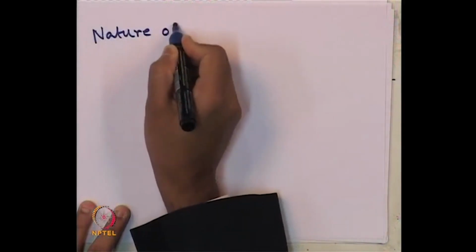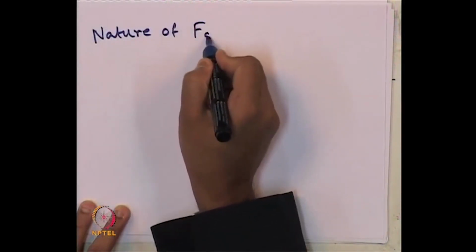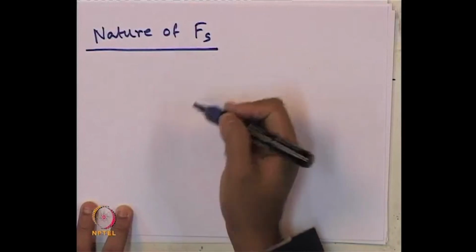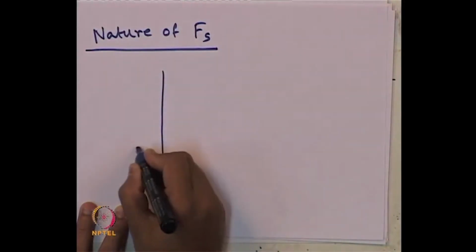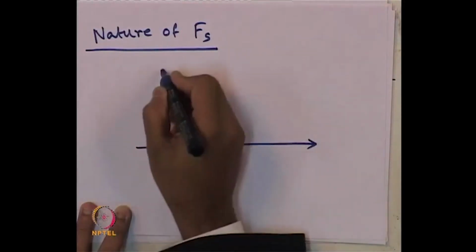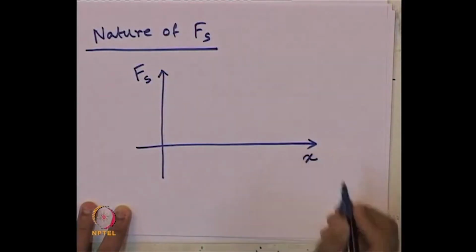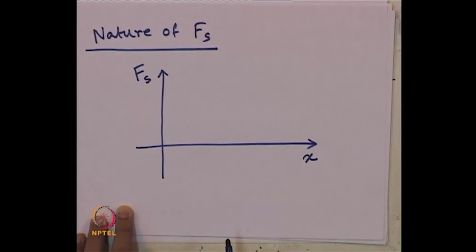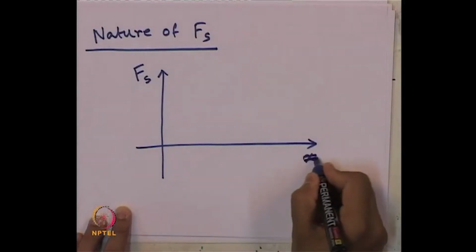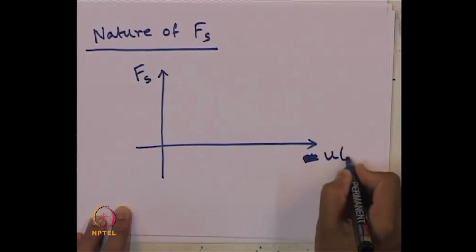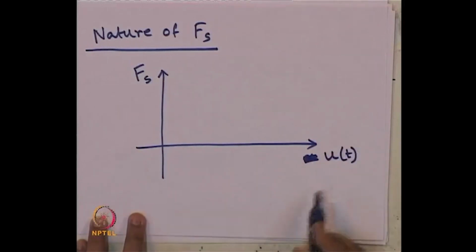Similarly, let us see what is the nature of other forces. So, nature of F s, that is spring force. In the previous lecture, we have studied that spring force is related to the displacement x, or we have taken actually u. So, let us denote it as u of t. So, F s varies with respect to u or displacement.